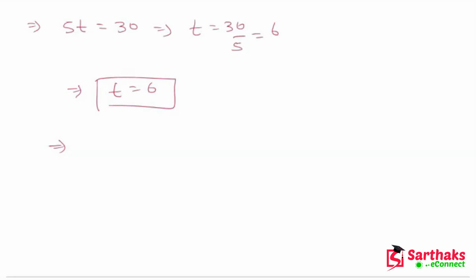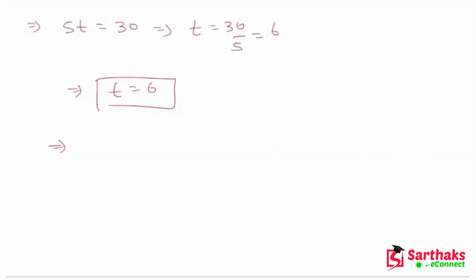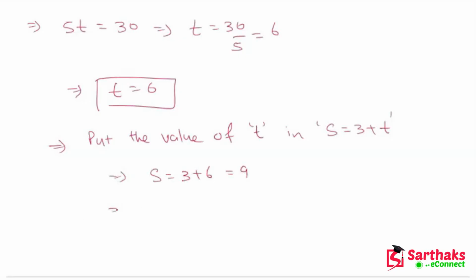Now put the value of t in this equation, s is equal to 3 plus t. So we get s is equal to 3 plus 6, which is equal to 9. So s is equal to 9. So this is the answer. We have t is 6 and s is 9.